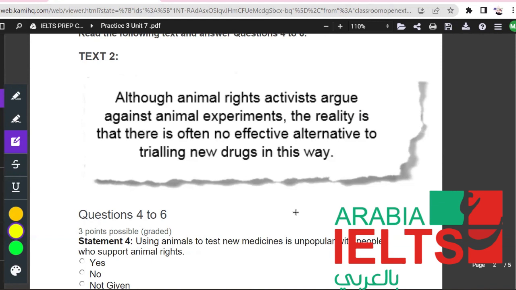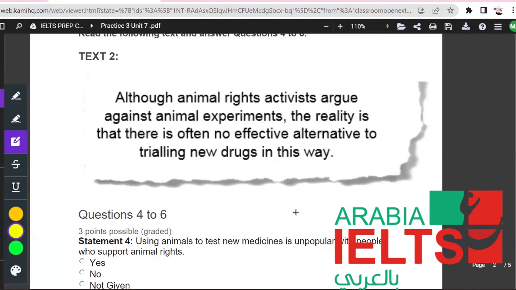So this one is yes. This agrees with the text. So what's the meaning of unpopular? Unpopular with people who support animal rights. So it says that the idea of using animals to test new medicine is unpopular with people who support animal rights.